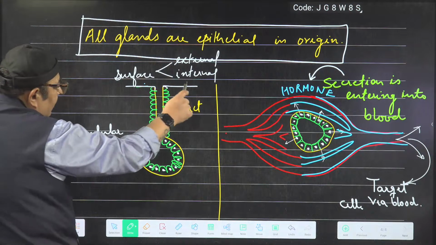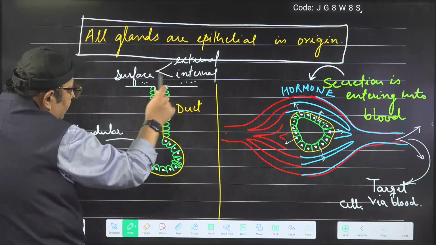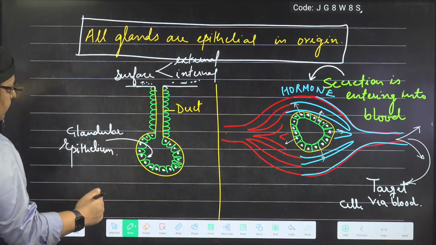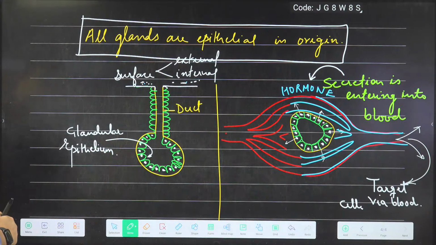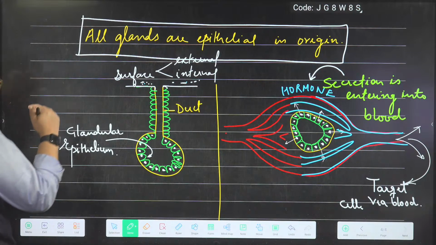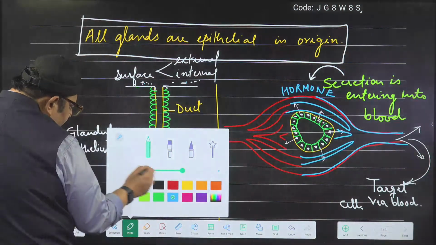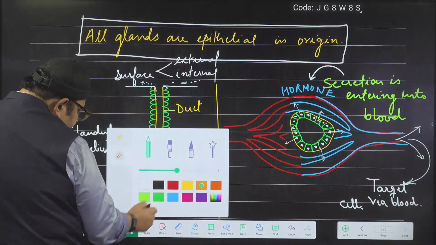It can be saliva, it can be gastric juice, it can be sweat, anything. It is releasing it to the surface, which can be external or internal. Understand?